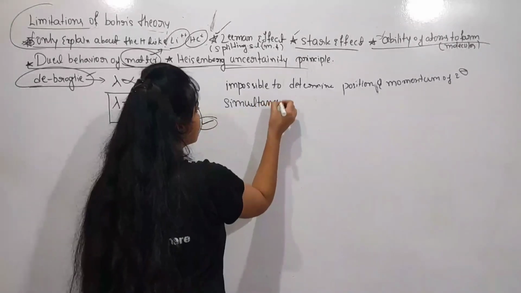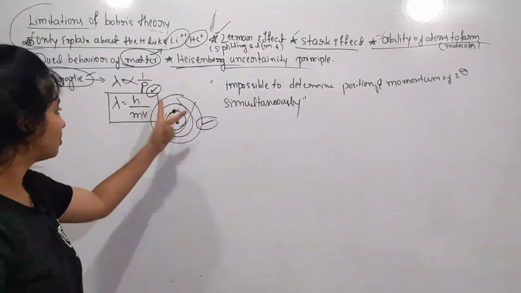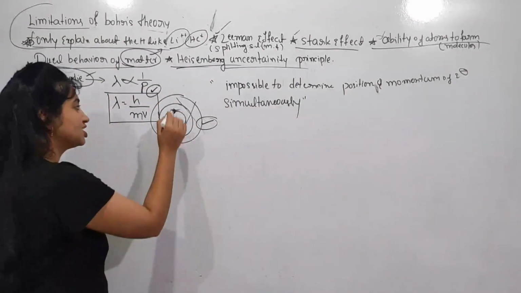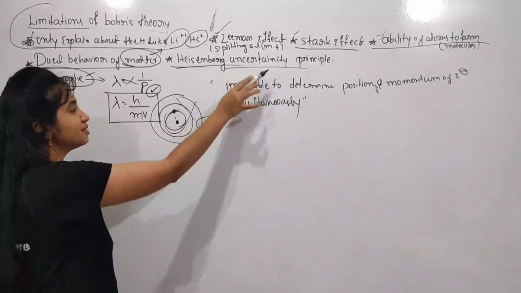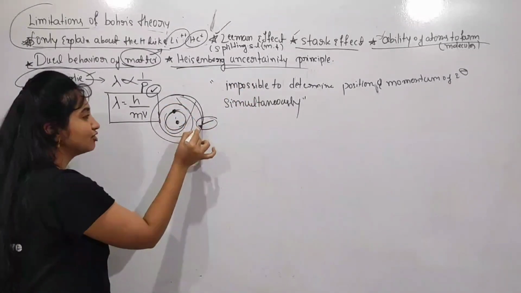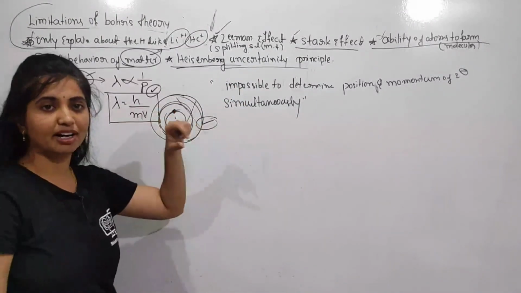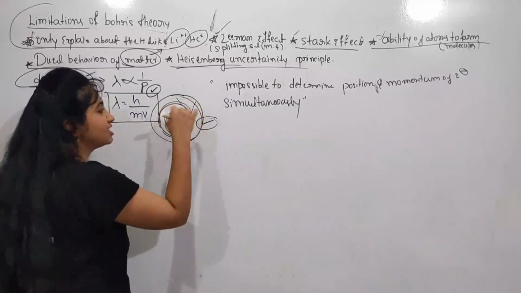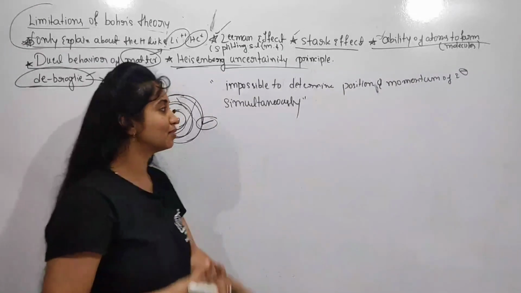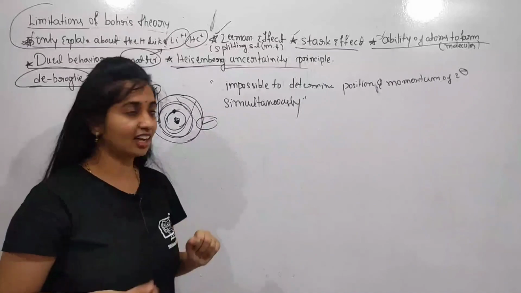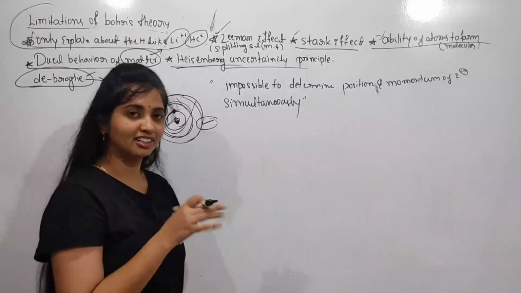This is the statement of the Heisenberg uncertainty principle: it is impossible to determine the position and the momentum, or velocity, of the electron. This principle eliminates the idea of trajectory paths. There are no definite circular paths around the nucleus, because we can't find the position and the momentum simultaneously. If the paths were there, we could easily find the position, but it doesn't happen like this.